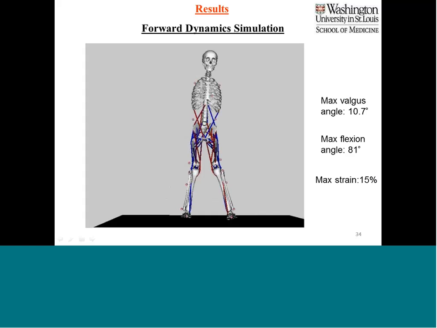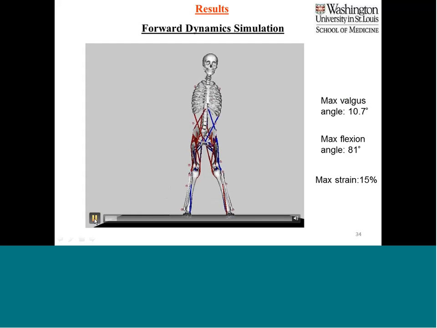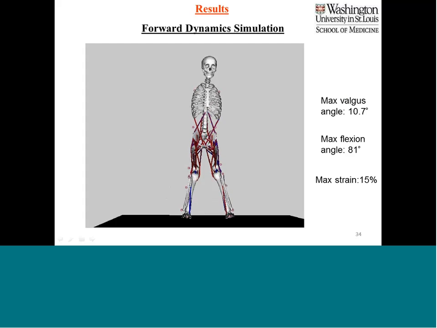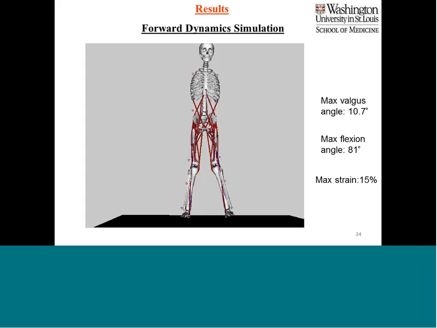And following which, here is someone who has considerable knee valgus, bad ACL posture, and also had bad knee angles and more forces in the ACL. As you can see, the subject doesn't flex much, and there is considerable valgus.